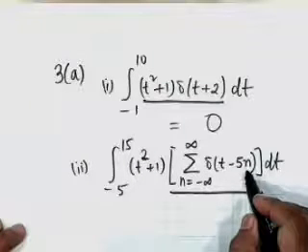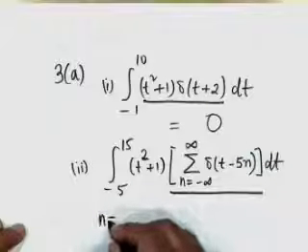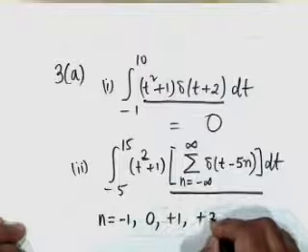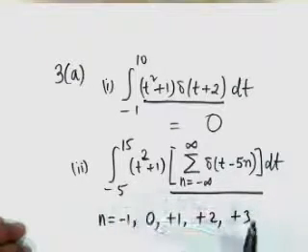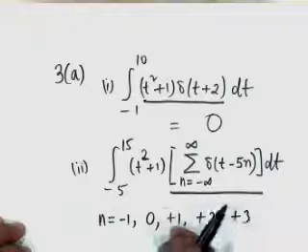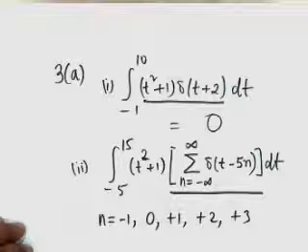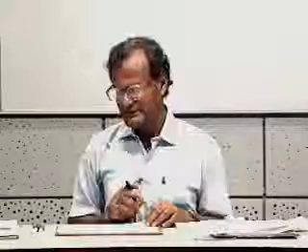And as you can see, the values of n that are effective shall be n equal to minus 1, 0, plus 1, plus 2 and plus 3. And if you do that, then you can break this up into 1, 2, 3, 4, 5 integrals, and each integral can then be evaluated by finding out the value of small t at which the integrand exists.